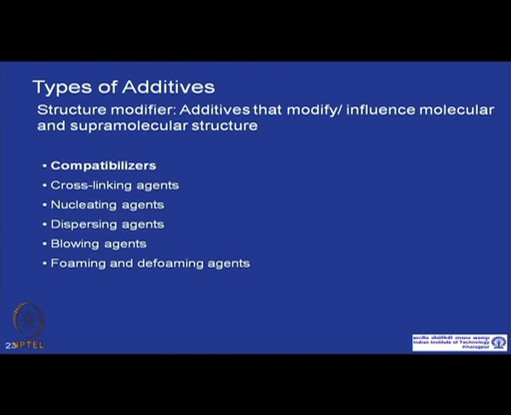Dispersing agents, which are used for dispersing fillers in the polymer matrix. Foaming and defoaming agents, which are added to make foamed polymer products.